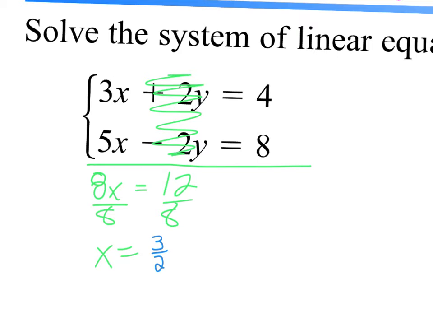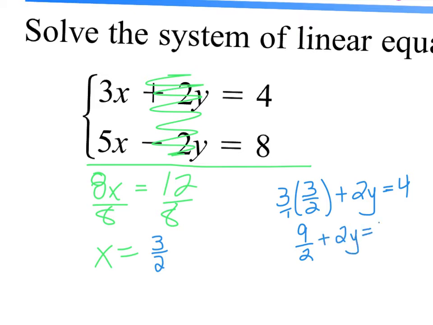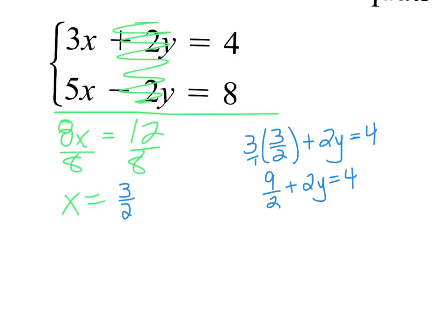I'm just going to use the top one because it looks easier to me. So I have 3 times 3 over 2 plus 2y equals 4. You with me? Okay. Can I cross cancel anything here? No. So 3 times 3 is 9 over 2 plus 2y equals 4. Now what?